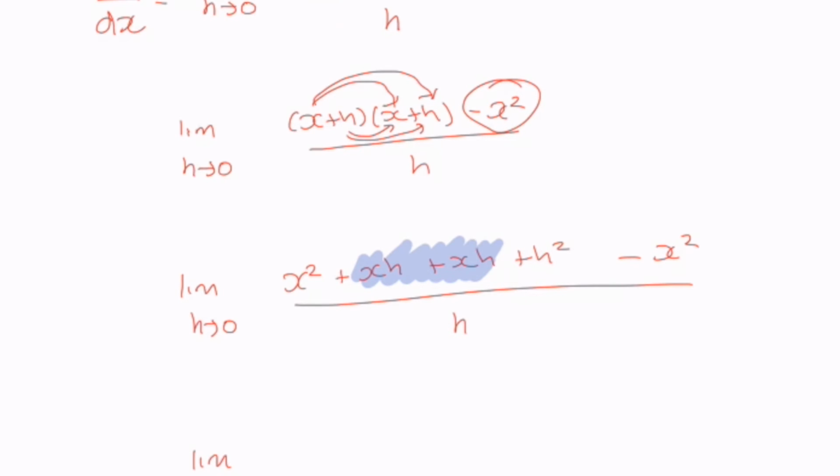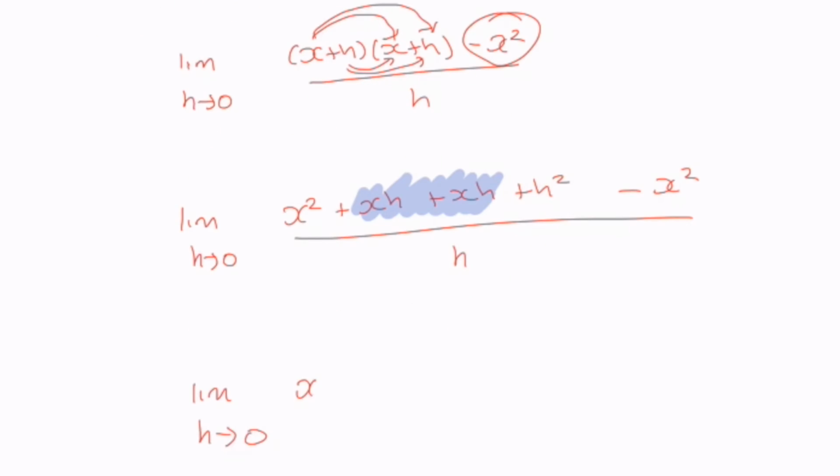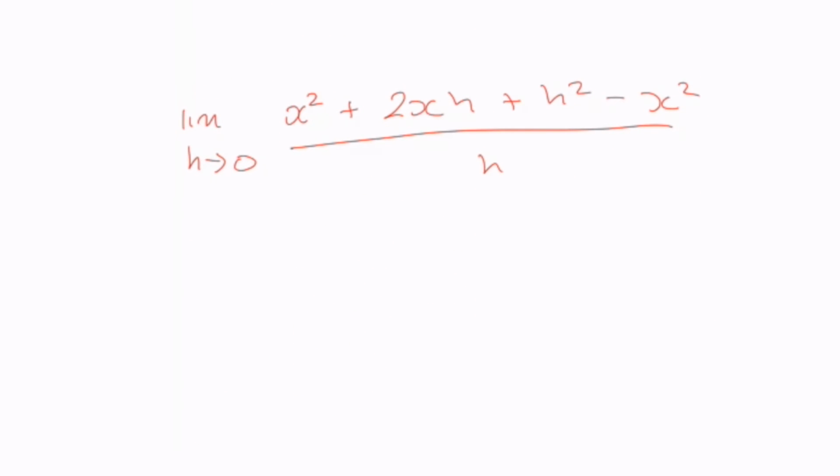So we're left with the limit as h approaches 0, x squared plus 2xh plus h squared minus x squared all over h. Okay, and then we could simplify further, because that and that cancel, because it's x squared minus x squared.